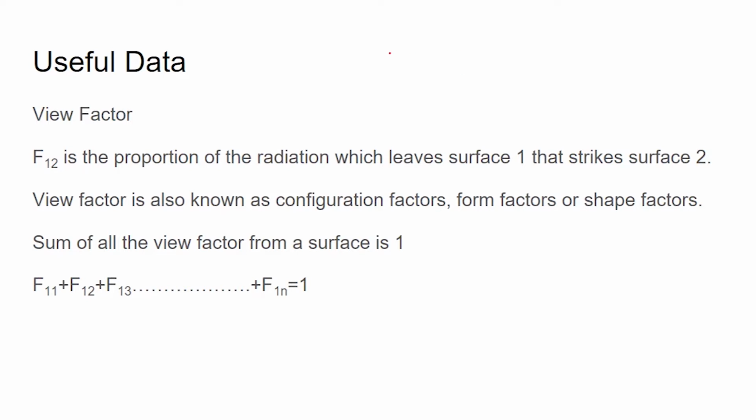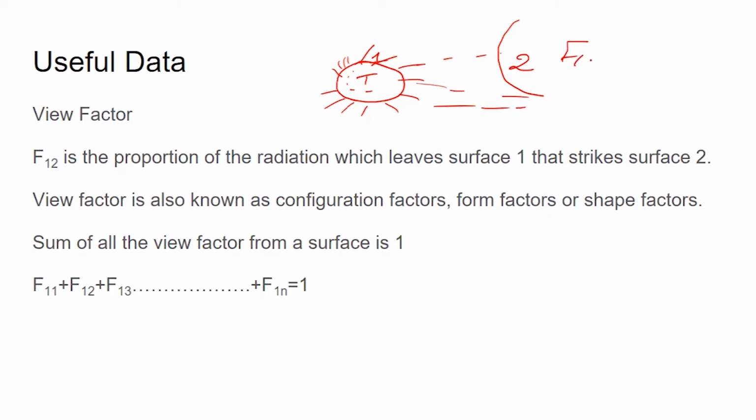What we are saying here is that if there is a surface 1, and because of its temperature T it produces radiation, and there is a surface 2 here, then whatever radiation leaves surface 1 and reaches surface 2 is called F12.